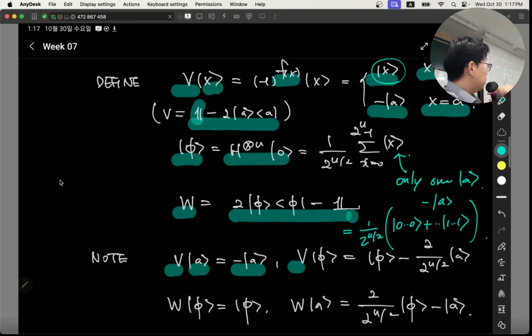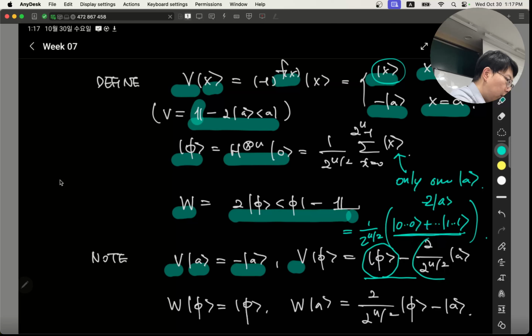So you can rewrite this state: you have A in this summation, and then you subtract it twice, so that you make the coefficient of base state A negative. So you have the original state with its coefficient, and you subtracted one base state twice to make the coefficient of only that state minus.